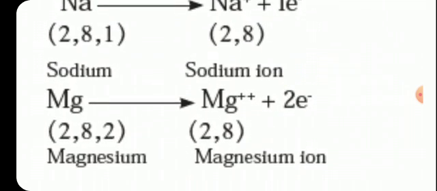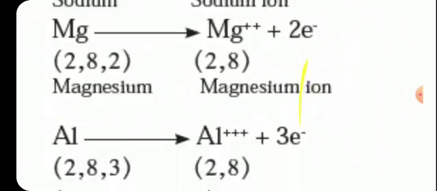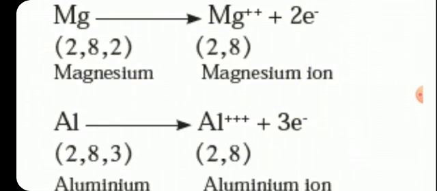Magnesium loses two electrons and two positive charges are developed on magnesium ion. Aluminium loses 3 valence electrons and 3 positive charges are developed on aluminium ion.